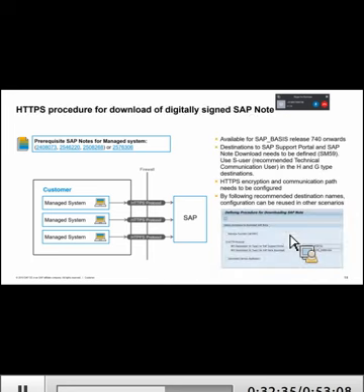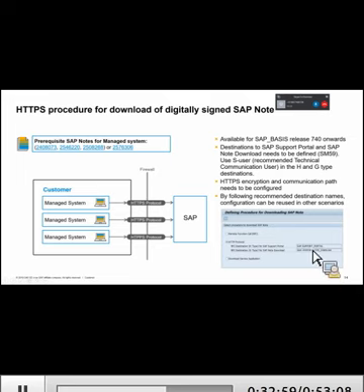Moving on to the second procedure, which is the HTTP procedure, where you need to use the HTTPS protocol to download the notes. In order to use this method, two RFC destinations have to be configured in SM59. You can see this screenshot here.